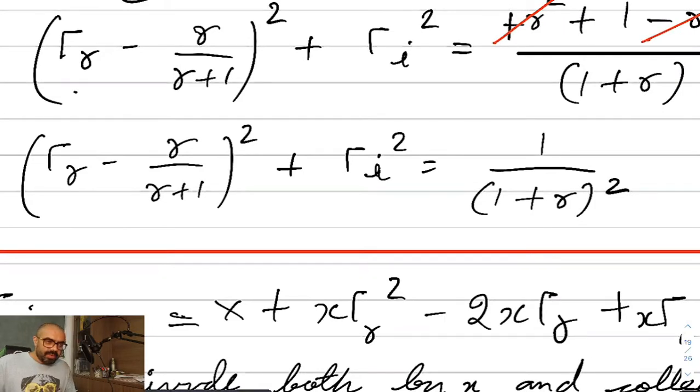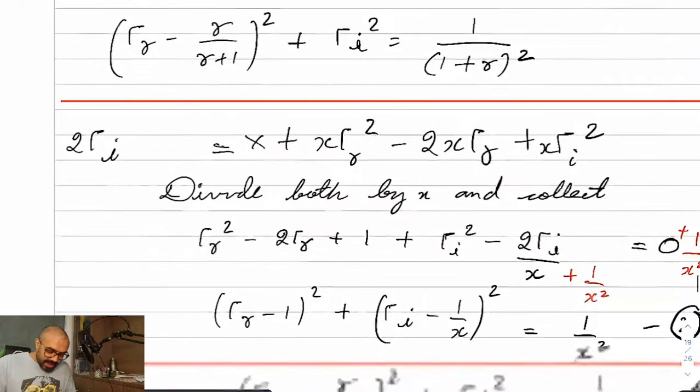Notice that this equation only has gamma r and gamma I terms and r terms, right? It only depends on the resistance value. And you can identify, of course, that this is the equation of a circle with center at r by r plus 1 comma 0 and a radius of 1 upon 1 plus r.